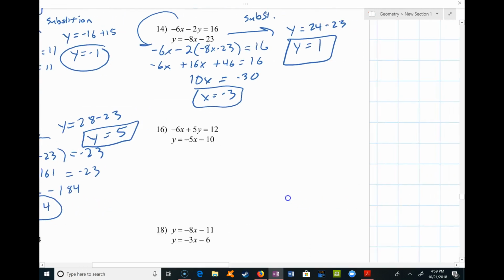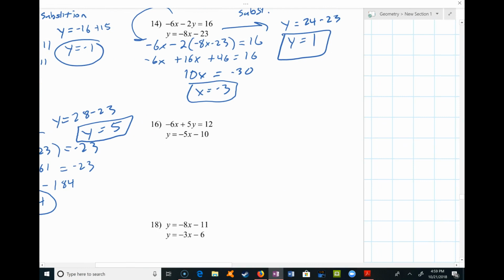Okay, here's another substitution one right here, number 16. I'm going to substitute from the bottom one into the top, so that would be negative 6x plus 5 times (negative 5x minus 10) is equal to 12. That's going to be negative 6x minus 25x minus 50 equals 12.